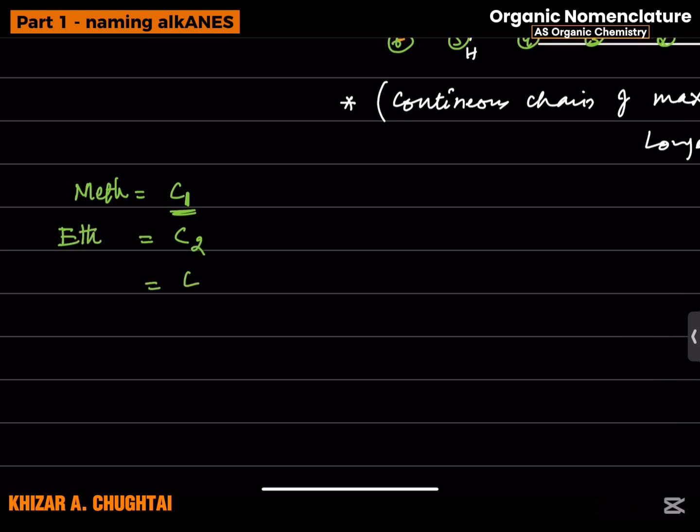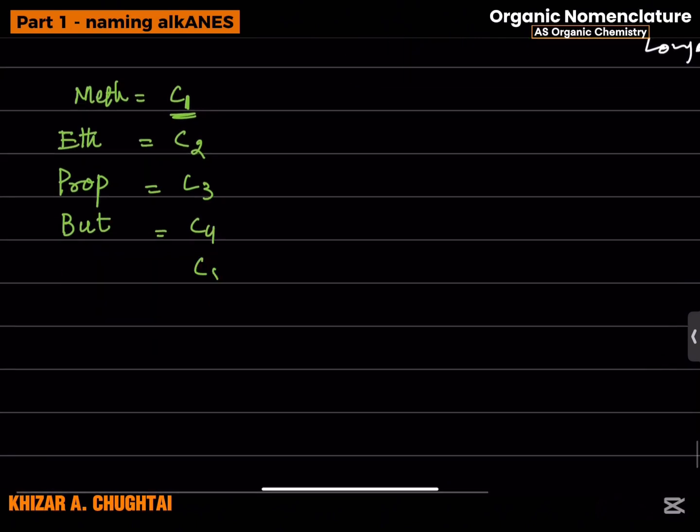Any compound that has 3 carbon atoms, its name will start from prop. A 4 carbon group will be written as but, not bute. A 5 carbon group, if collectively it behaves as a single group, its name will be pent.